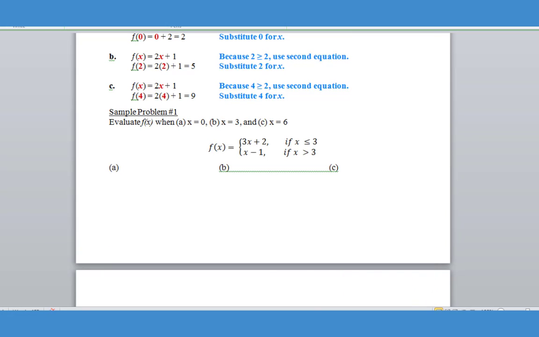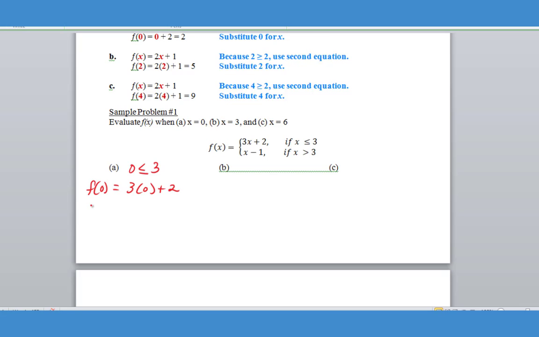Okay, so hopefully you've done that. And we're going to do part A. x equals 0. You can see here that 0 is less than or equal to 3, so that means we're going to evaluate 0 for the very first piece. So I'm going to say f of 0 equals 3 times 0 plus 2.